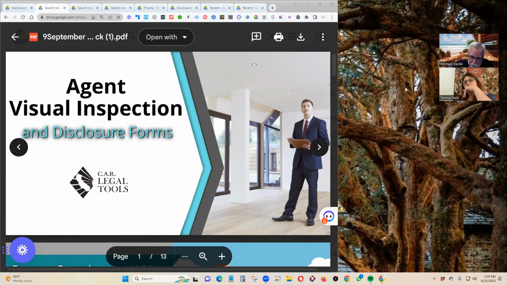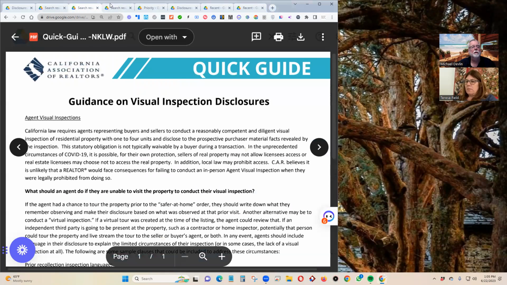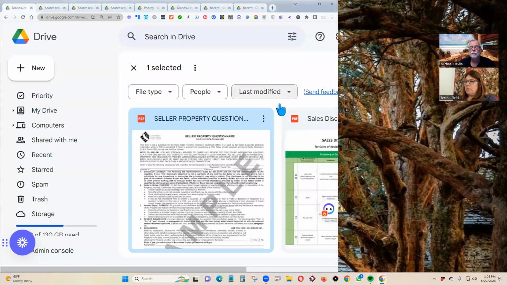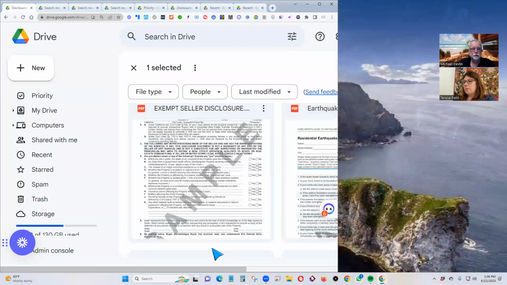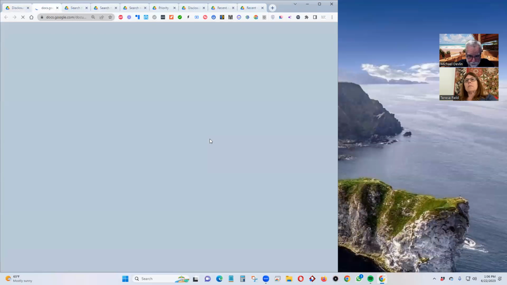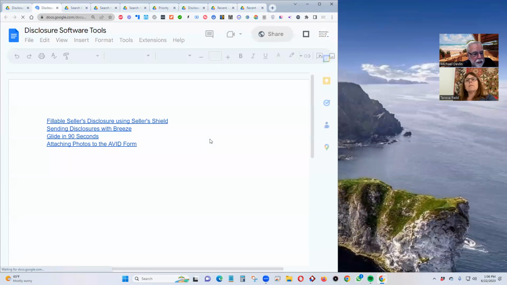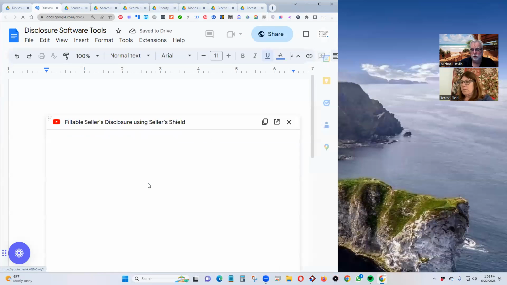One of the software programs that you can use to help sellers do this, and maybe before we get to that, I believe I put a document in my folder. Where is it? All right. So these are some of the software tools.